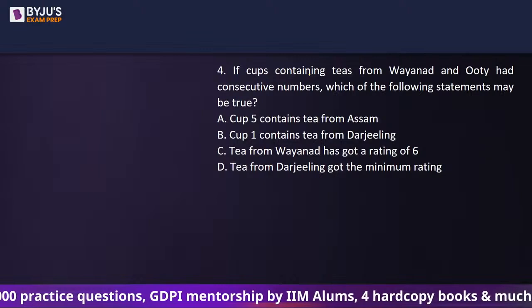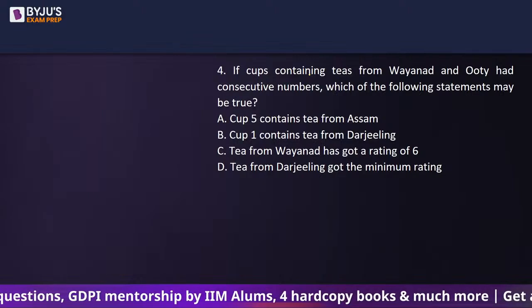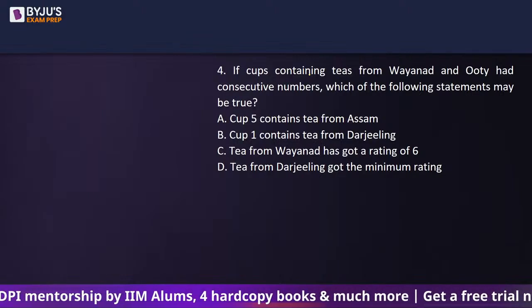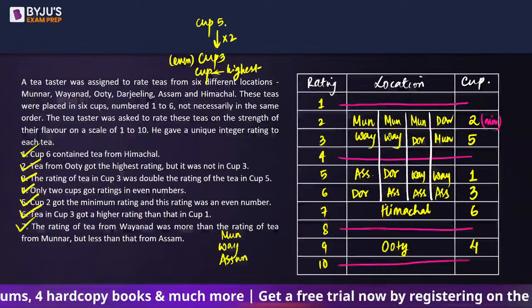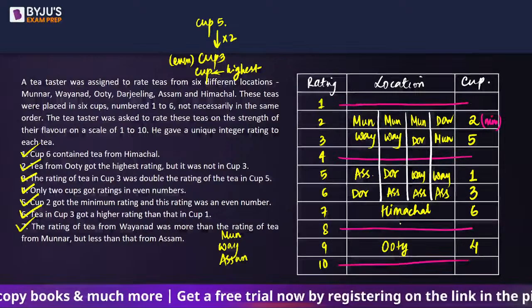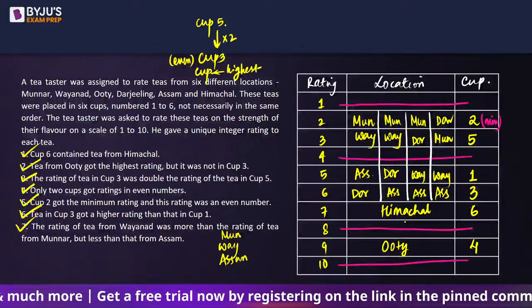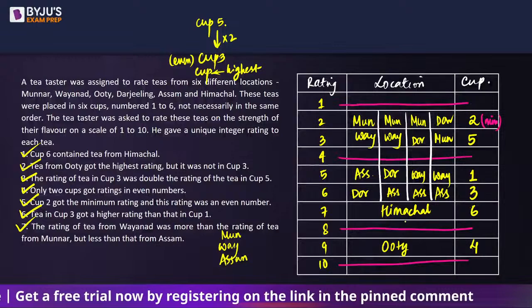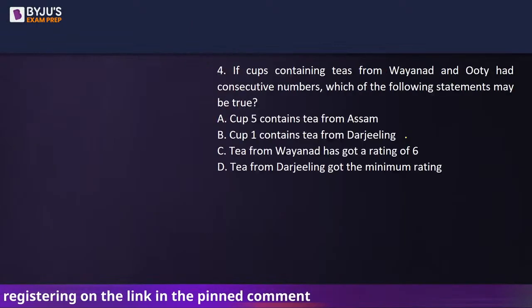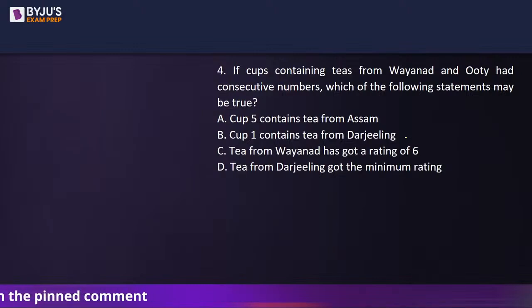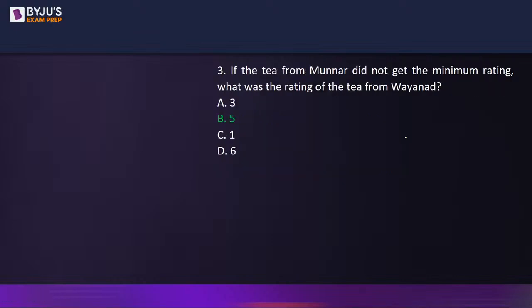Next, if cups containing teas from Wayanad and Ooty had consecutive numbers. So Wayanad and Ooty consecutive numbers, where will we find them? Hold on, what does it say? Cups containing teas from Wayanad and Ooty had consecutive numbers.